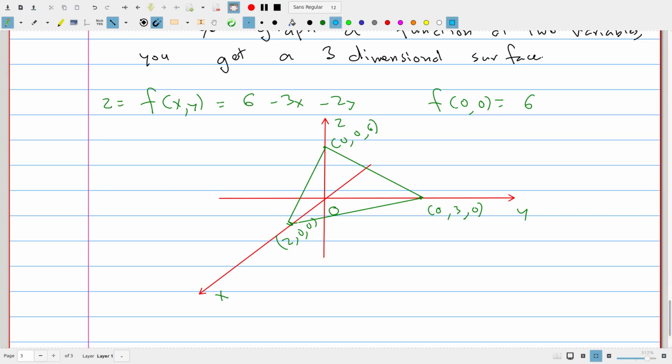Let's shade it using blue. So this is a sketch of a part of the plane.